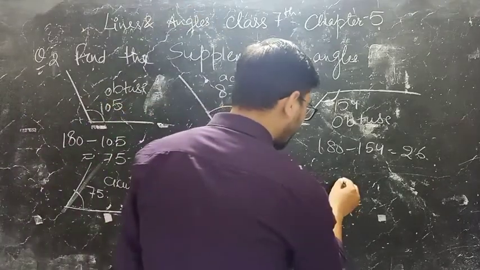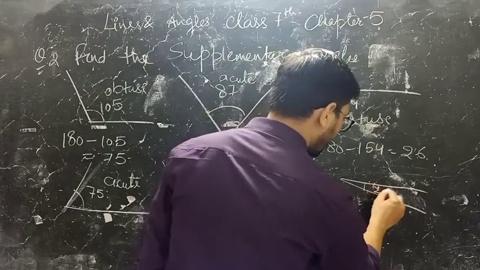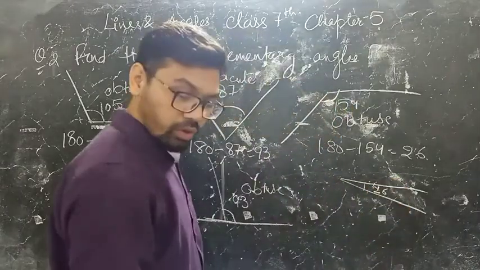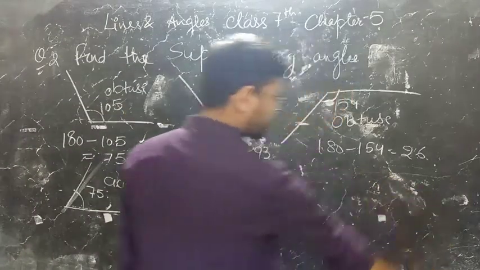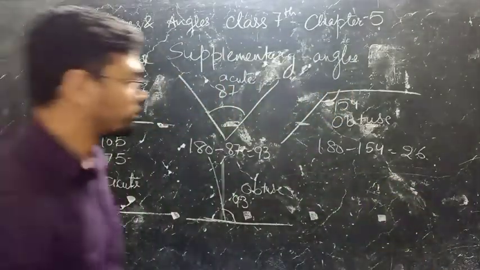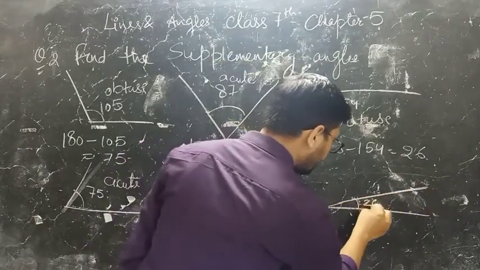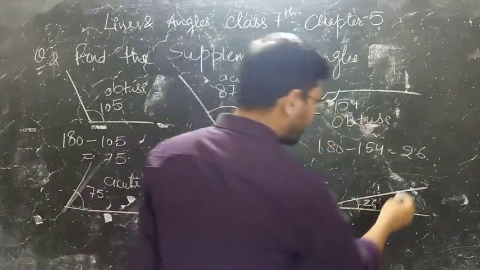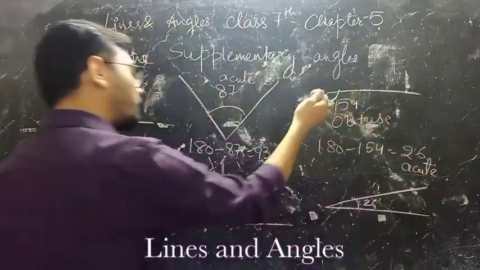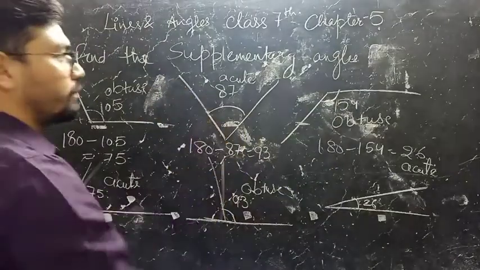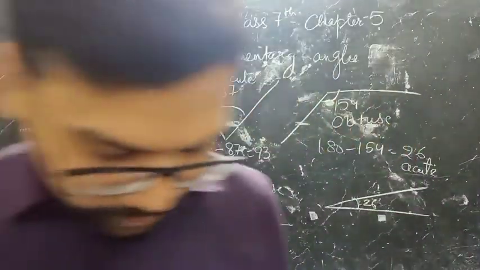You can draw 26 like this, or like this. The sum of an obtuse and an acute angle gives you a supplementary pair. Okay, note it down fast.